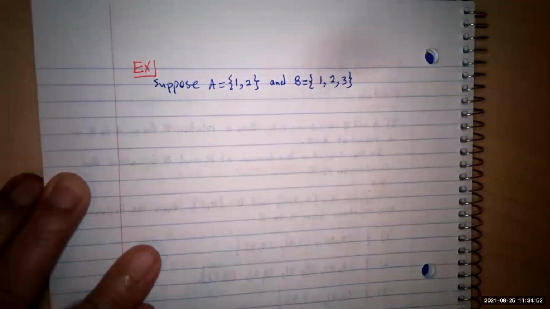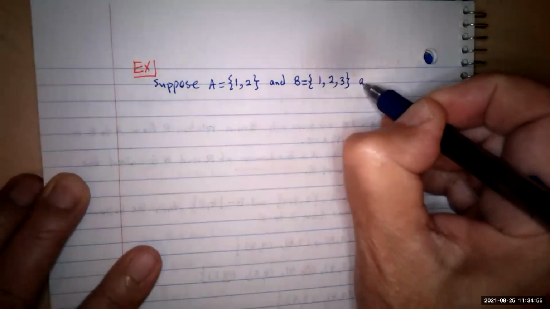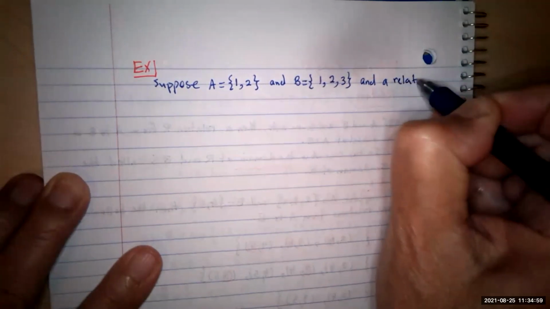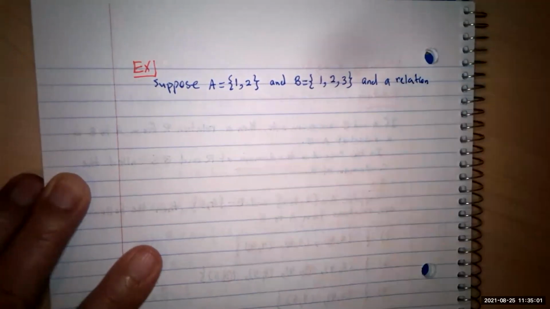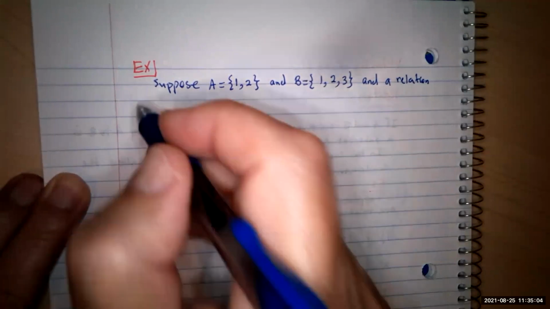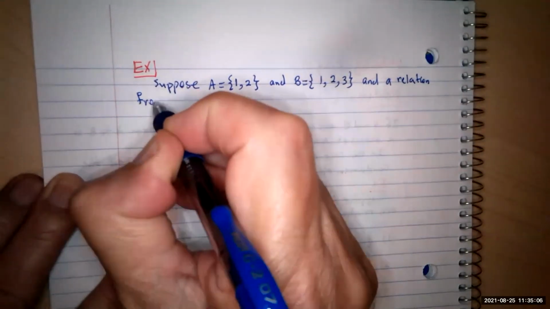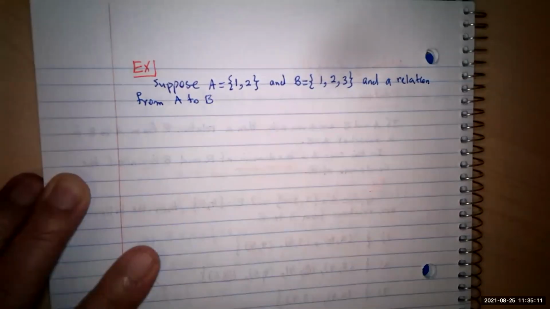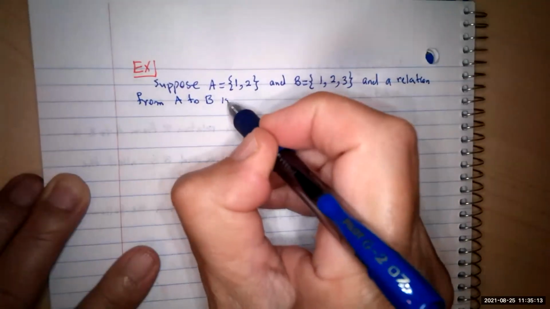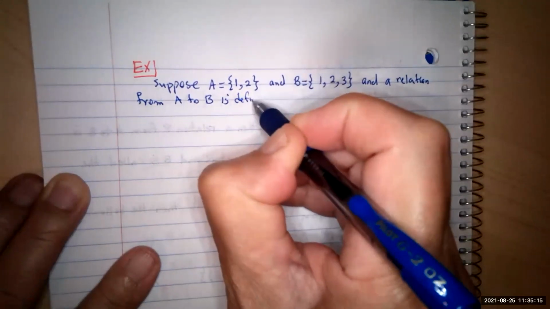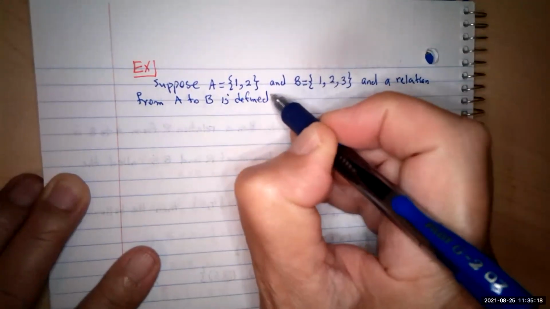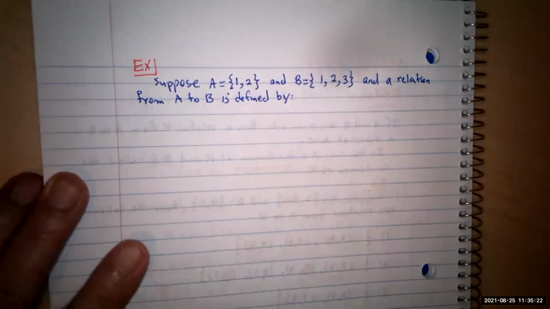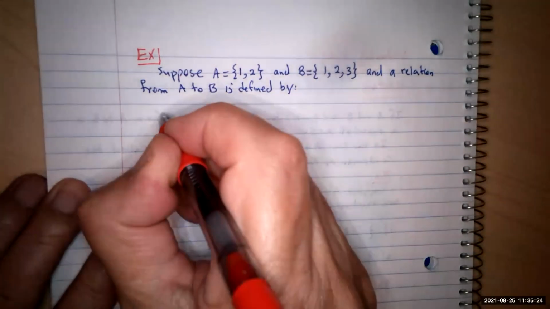So that's a set. And then you are going to have a relation from A to B. A relation from A to B is defined by the following. That's the expression that you're going to see on those problems. The definition is given.